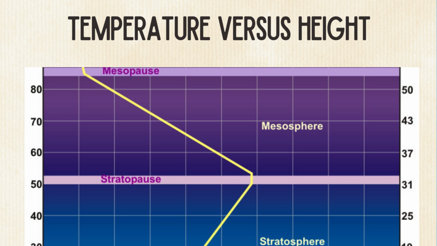Moving upward into the mesosphere, the temperature begins to fall again, dropping from about -2 degrees Celsius near the lower boundary to as low as -86 degrees Celsius or even colder near the upper limit. This makes the mesosphere the coldest part of the atmosphere.